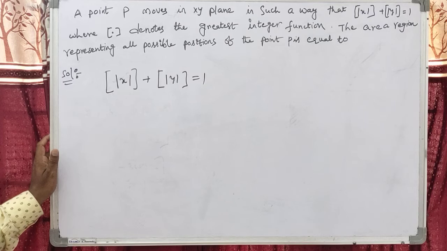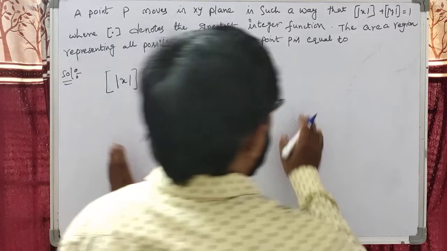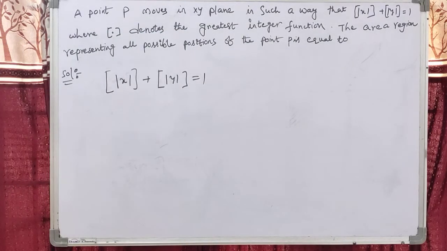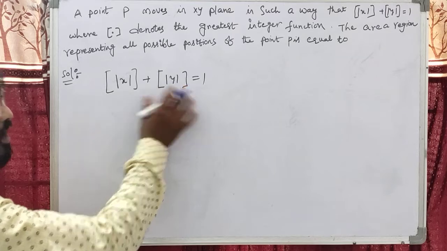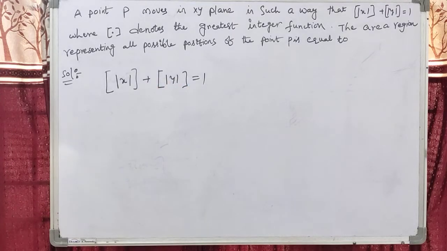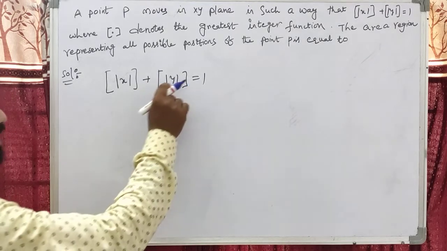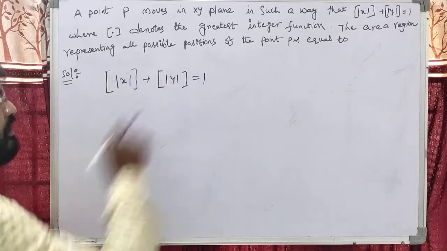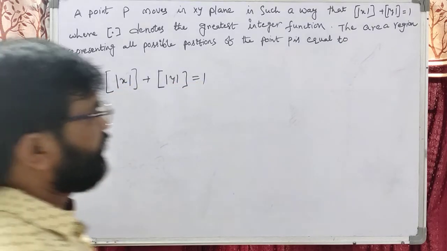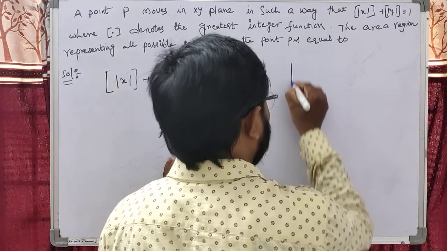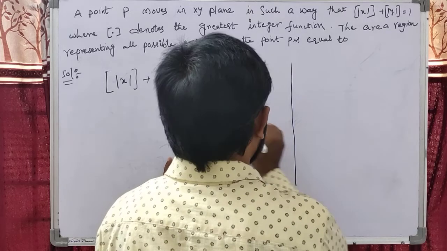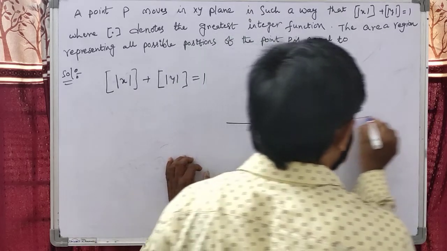So I am requesting you first, please understand this one, after that you can draw the diagram. When we get y equal to 0, undoubtedly this is 1. So dear students, first we write the x and y axis.